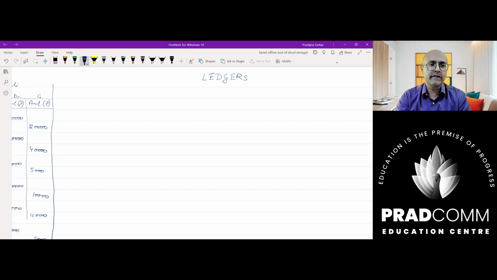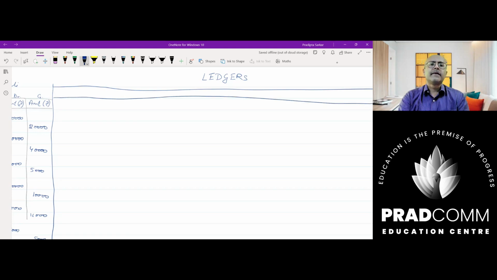So, how to draw a format? First of all, you will draw a single straight line, and from the very middle of it, draw a straight line. Mind you, this should be at the middle. Now, at the very beginning, make a very small column which will be named as date.